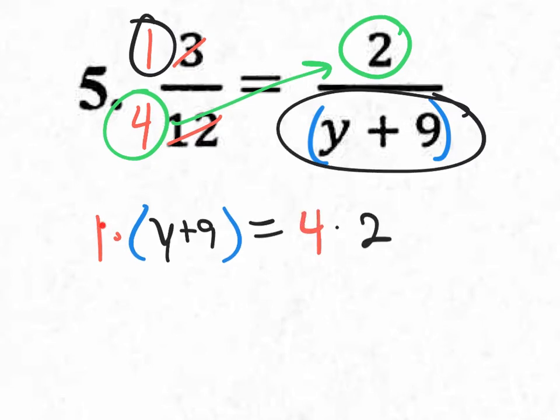So obviously it's super easy distributing a 1 because it's not going to change anything, right? 1 times y is just y. 1 times 9 is just 9. Doesn't change anything. Equals 8.